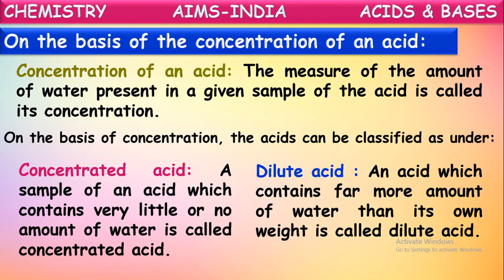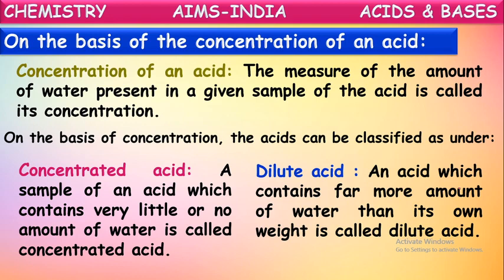For example, if we take 1 liter of an acid, if it is containing 900 ml of acid and 100 ml of water, what is in this? The quantity of acid is more than that of water. Such kind of acid is called concentrated acid. More quantity of acid is there, so it is called concentrated acid.